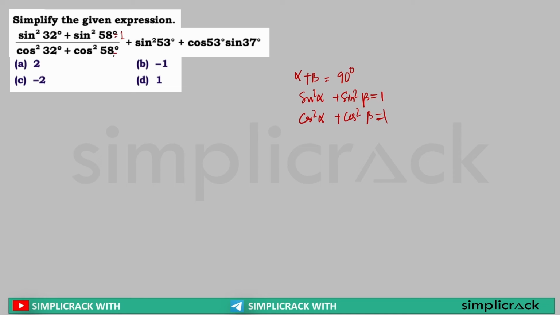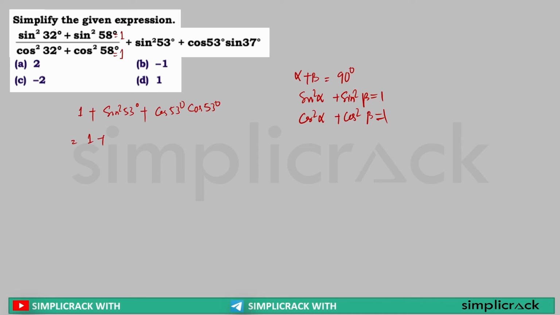Cos 32, 58, 90, so this will be 1. So this thing will be 1 plus sine square 53 degree plus cos 53 degree. Sine 37 is equal to cos of 90 minus 53 degree, so this can be written as cos 53 degree.